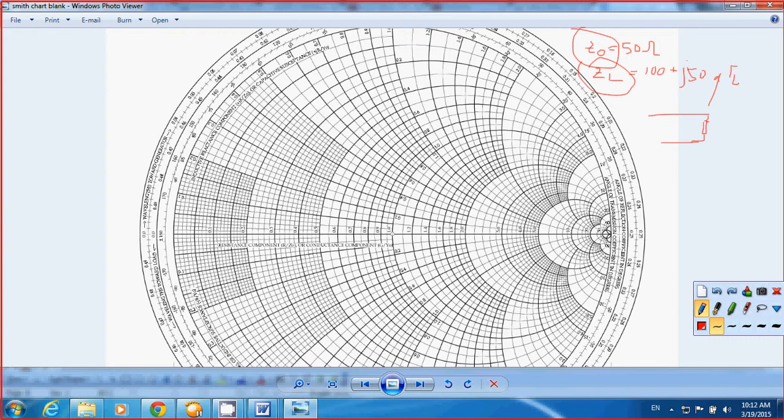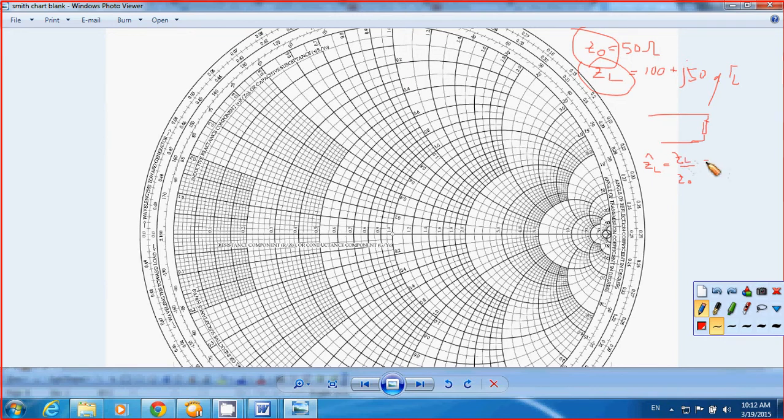First of all, we're going to define ZL with a cap on it, which we call the normalized load impedance. It means that you don't care about what Z0 is. You divide ZL by Z0, and that's what we call the normalized load impedance.